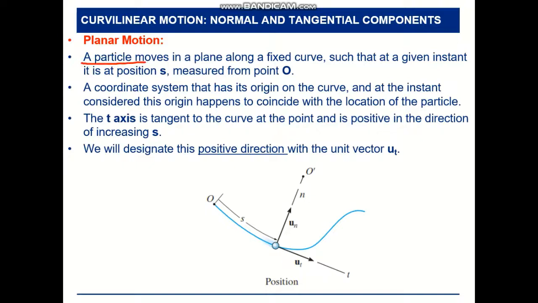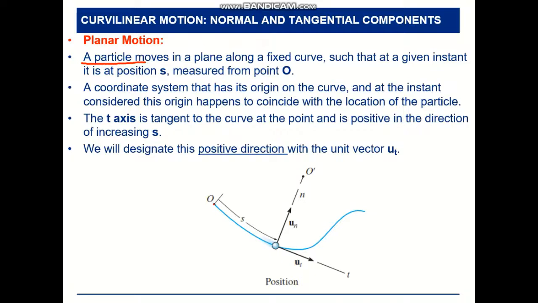A particle moves in a plane along a fixed curve such that at a given instant it is at position S, measured from point O. So if we take these 2 points, we will have a distance S, a coordinate system that has its origin in the curve, and at the instant considered this origin happens to coincide with the location of the particle.